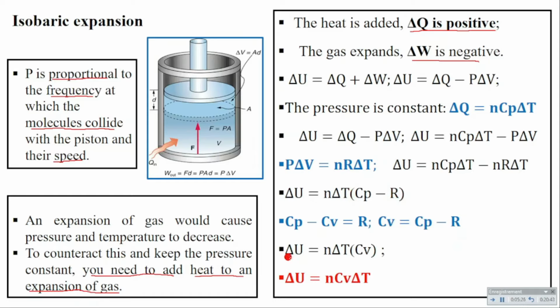We can then get the internal energy is equal to nCv dT. So the internal energy for an isobaric process is equal to nCv dT, because the question was asking us to explain isobaric expansion and isobaric compression, and also to show that for both, the internal energy is equal to nCv dT.